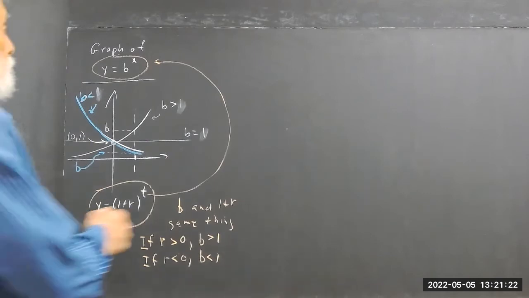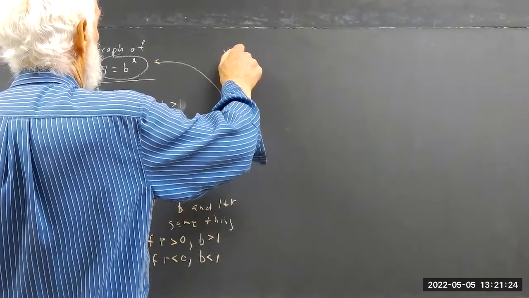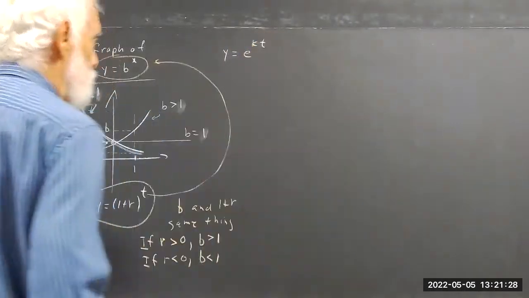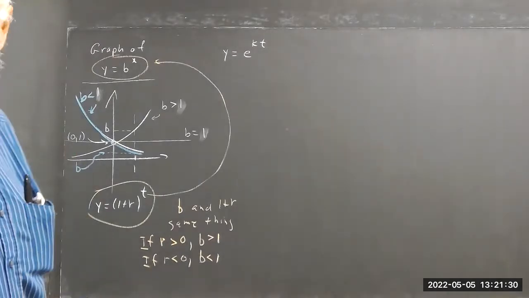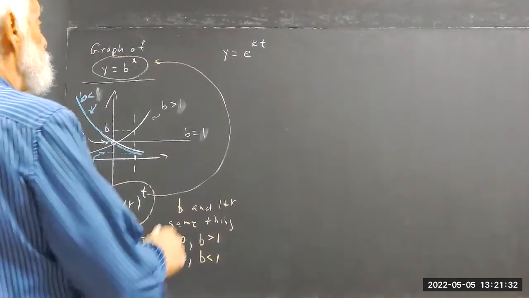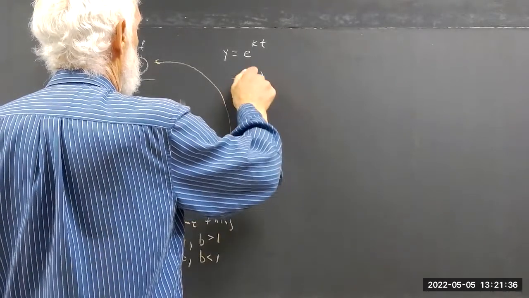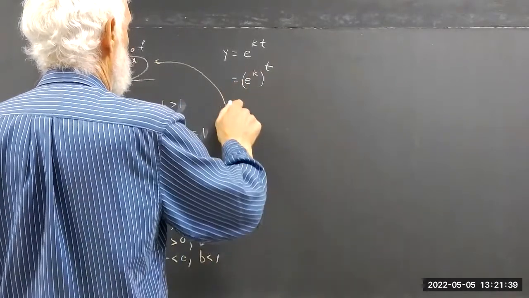There's another way of writing it, which is e to the kt. And I'll just make a statement that that's just e to the k raised to the t.